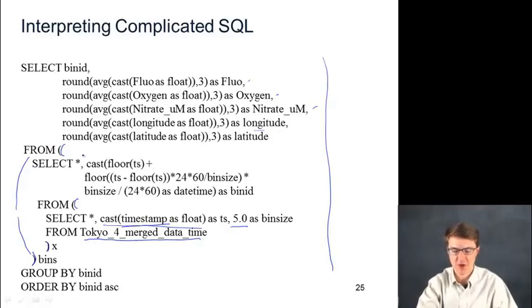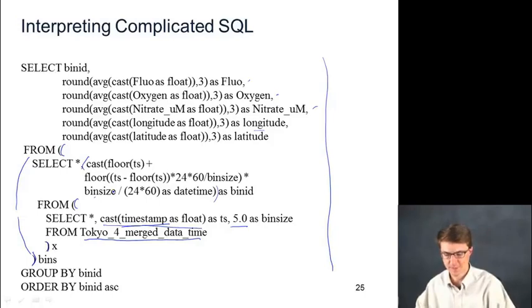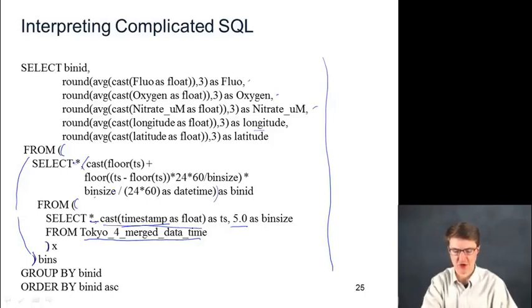And then in the next layer up, we see this kind of hairy expression involving bin size twice. What it's doing is rounding down the timestamp to the nearest 5-minute window. Okay, so 6 minutes and 32 seconds becomes 5 minutes, and 11 minutes and 29 seconds becomes 10 minutes, and so on. And in both cases, by the way, we see this star here, meaning that all other columns are going to be passed through.